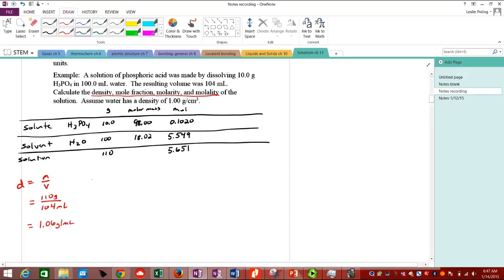And then we need mole fraction. So mole fraction is going to be the moles of solute over the total moles. Well, we have the moles of solute, and we have the total moles, and I copied it wrong.